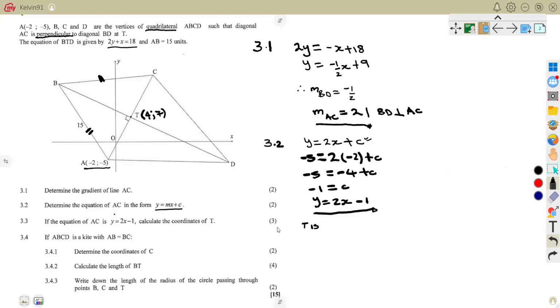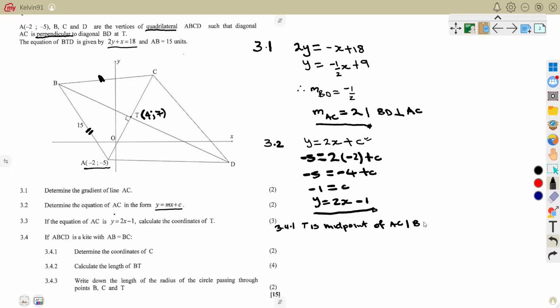That is question 3.4.1. T is the midpoint of AC. What's the reason for that?